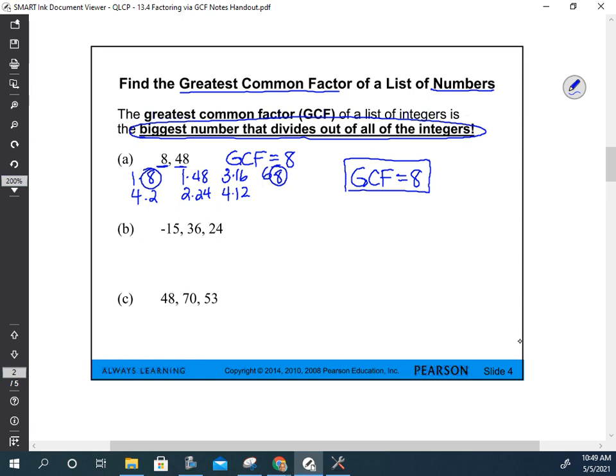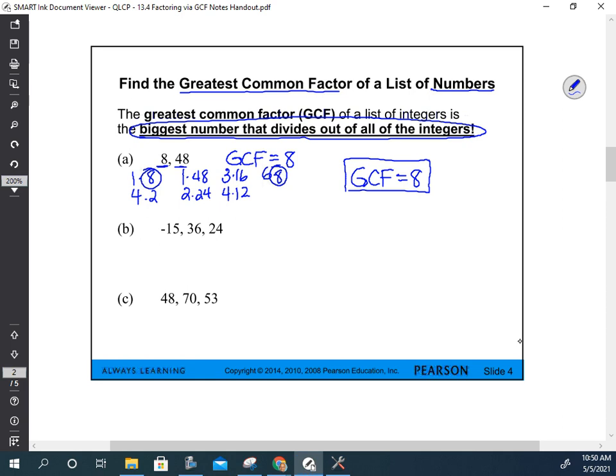For B, you have negative 15, 36, and 24. It doesn't matter if one of the numbers is negative. We're still looking for what divides out evenly. So, what could we use? Jordan says 3, so let's try 3.